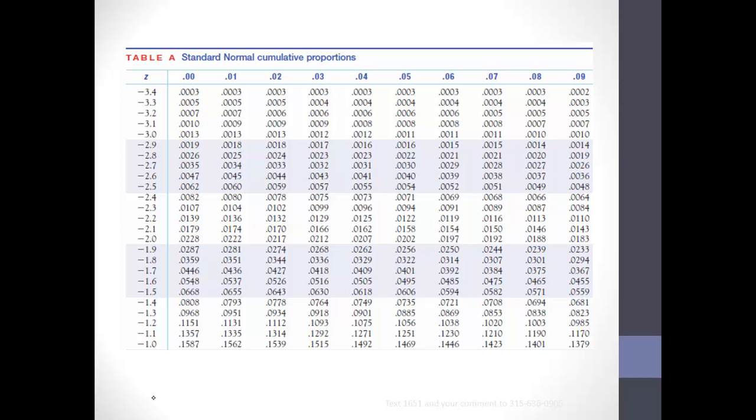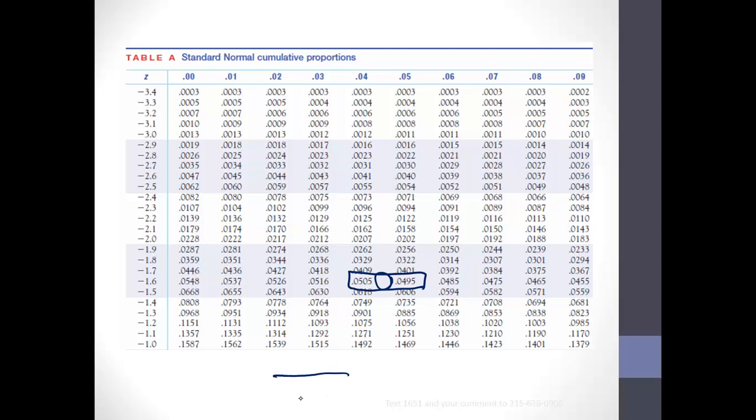So I can go back to my table. This is my table A. You guys know what this looks like very well by now, and I can search around in here until I find the right number. Again, I wanted 0.05 as the probability in the tail, and so it's going to fall right in between these two.